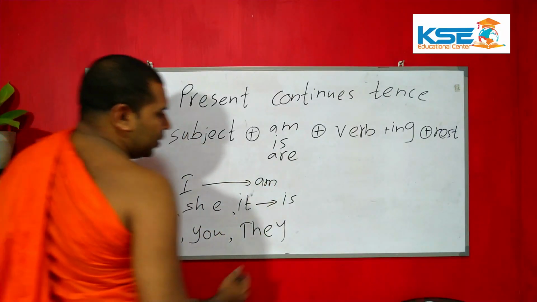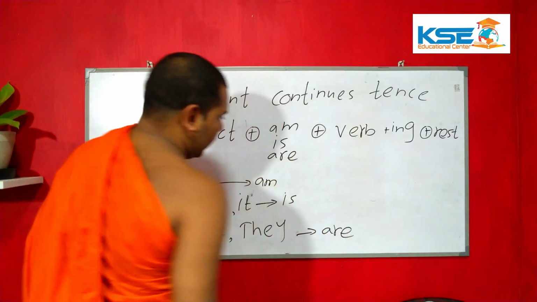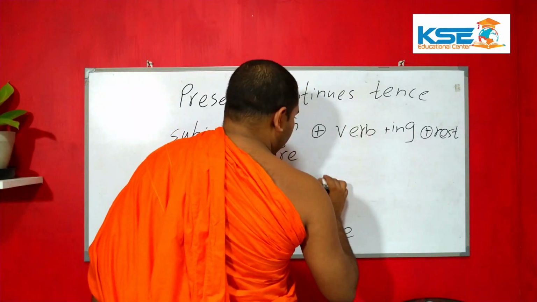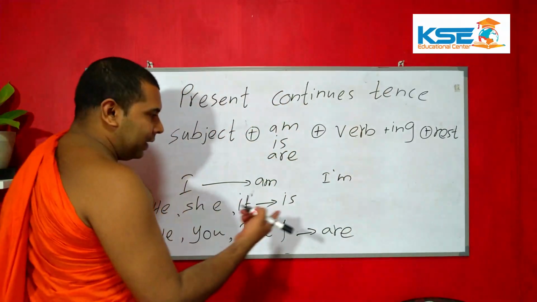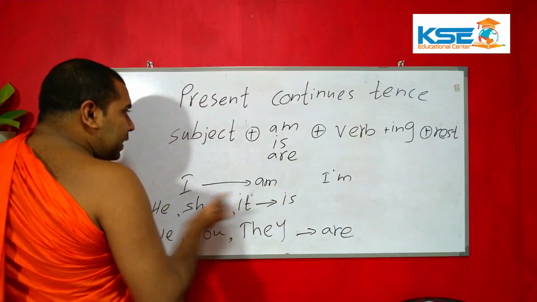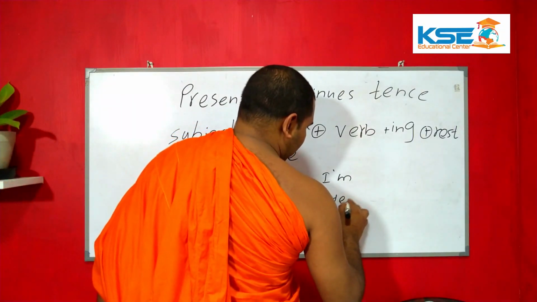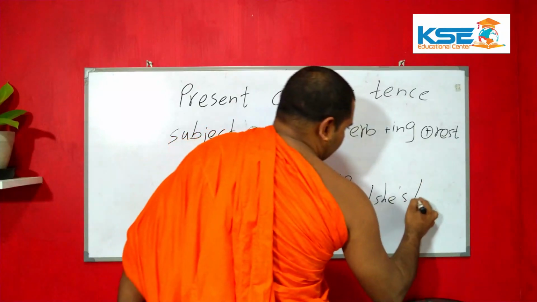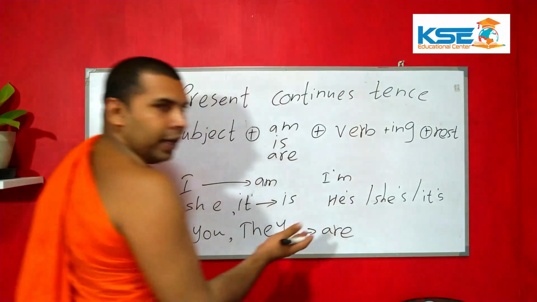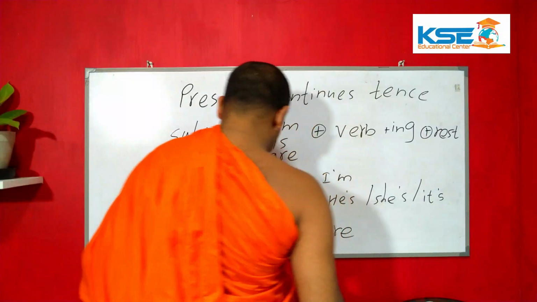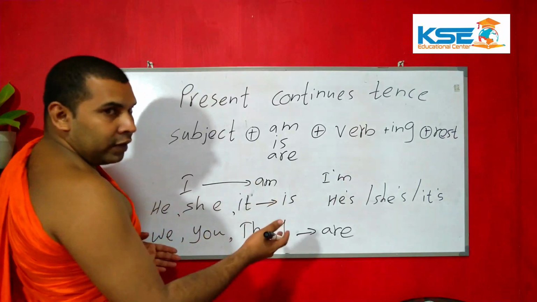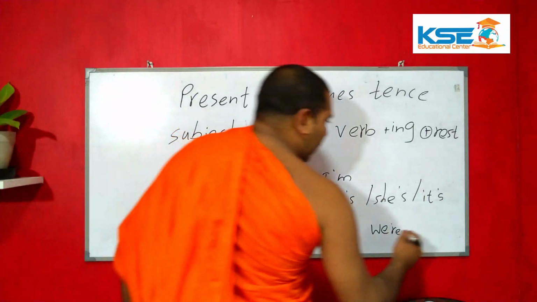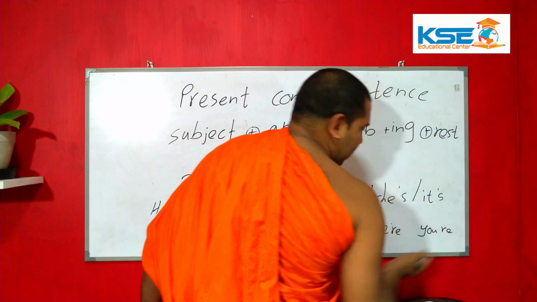These are plural subjects, so that's why we use are. Always remember, in the contracted form, we use I'm, he's, she's, it's. With we, you and they, we normally use 're after the subjects: we're, you're.